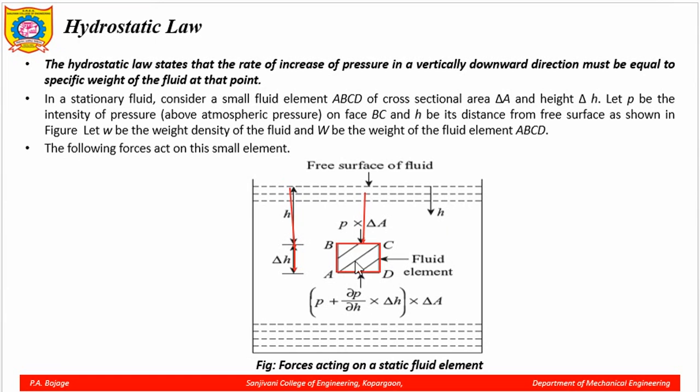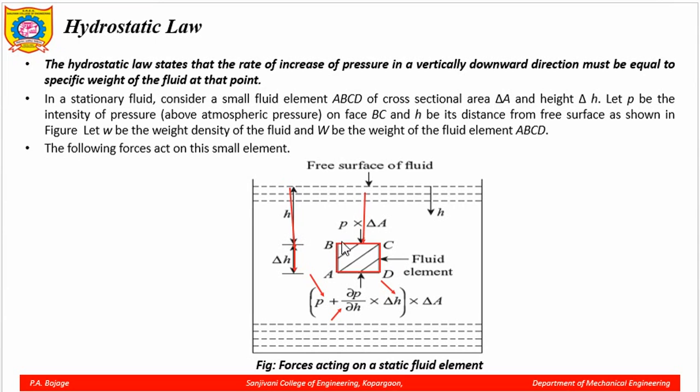Now, the opposing pressure acting at this particular point is P, here you can see P into delta h. Delta h is nothing but the height of this fluid element. So, definitely this difference in pressure will be there, and the partial derivative of P with respect to h. Why is it a partial derivative?